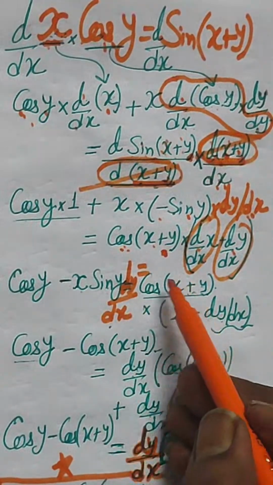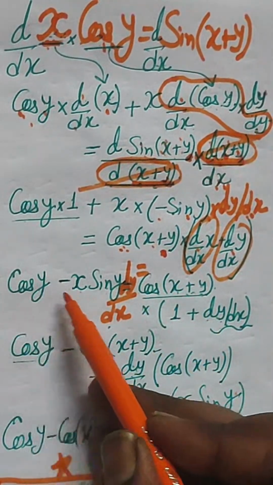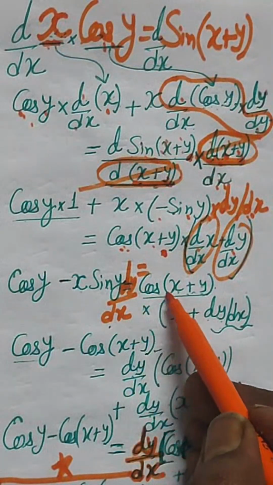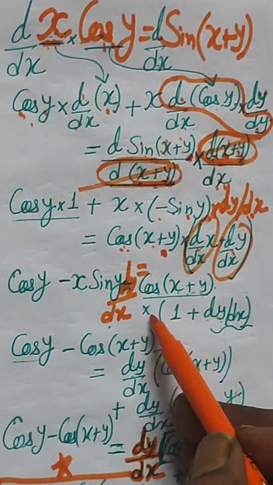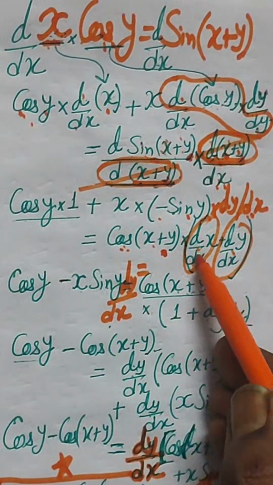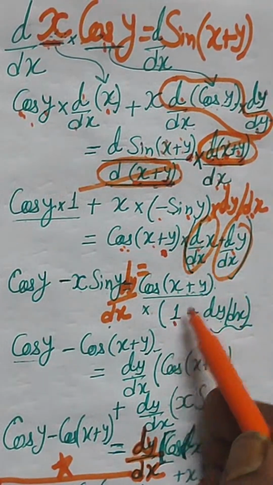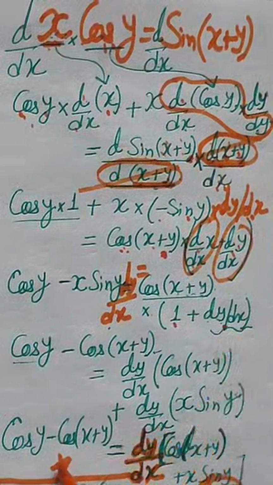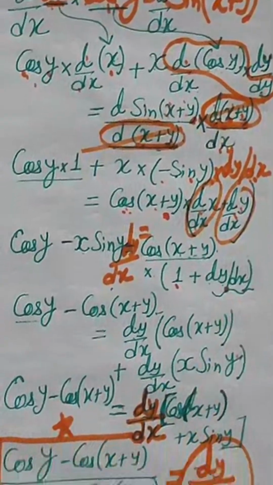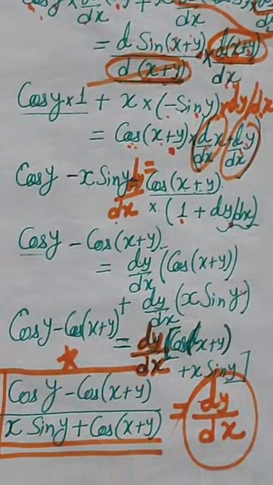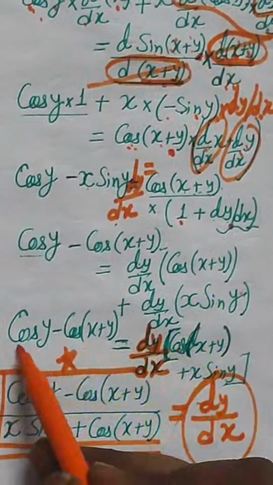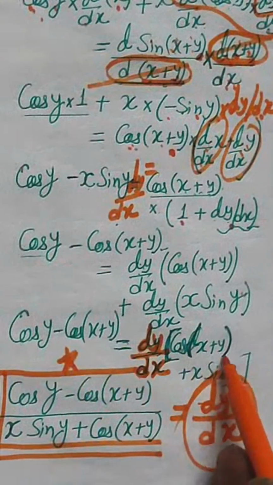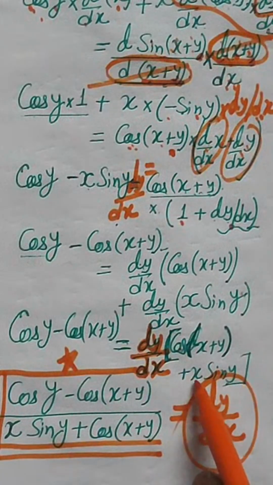So on the LHS we have cos y minus x sin y dy by dx, and on the RHS we have cos(x + y) into d by dx of x, which will be 1, plus dy by dx as it is. When we take dy by dx as common on one side of the equation, we get cos y minus cos(x + y) equal to dy by dx into (cos(x + y) plus x sin y).